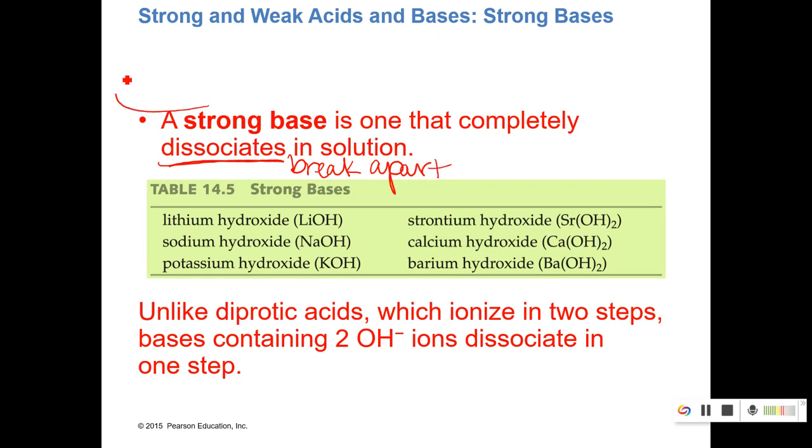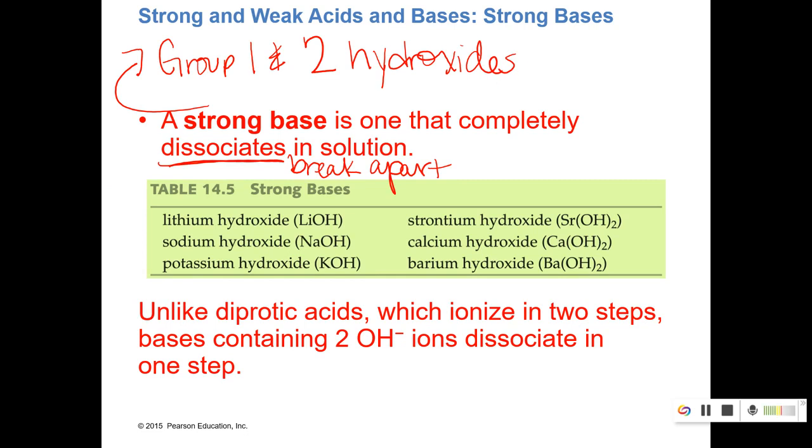Now the strong bases are group 1 and 2 hydroxides. While the ones in this table are group 1 and 2 hydroxides, there are more than these 6.